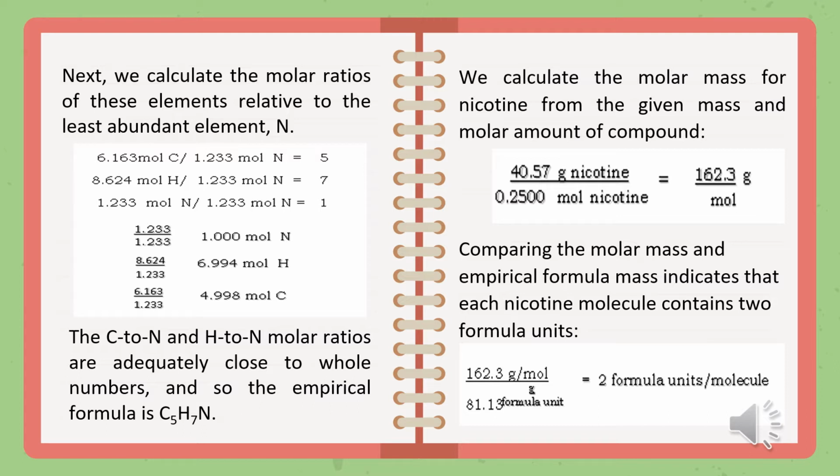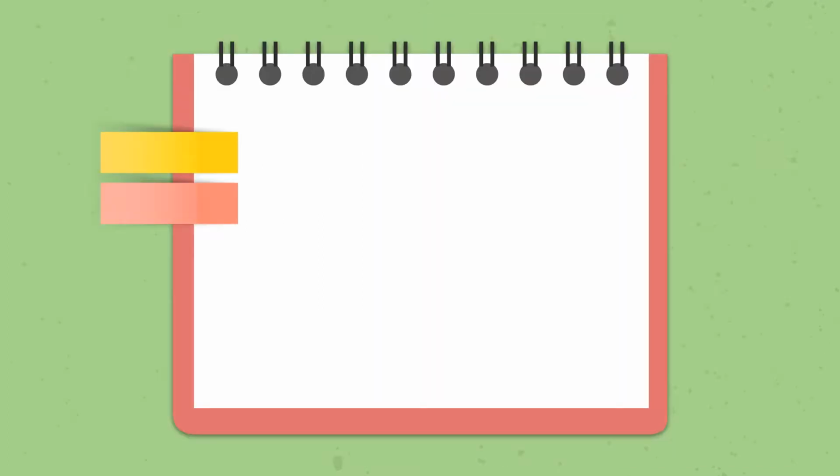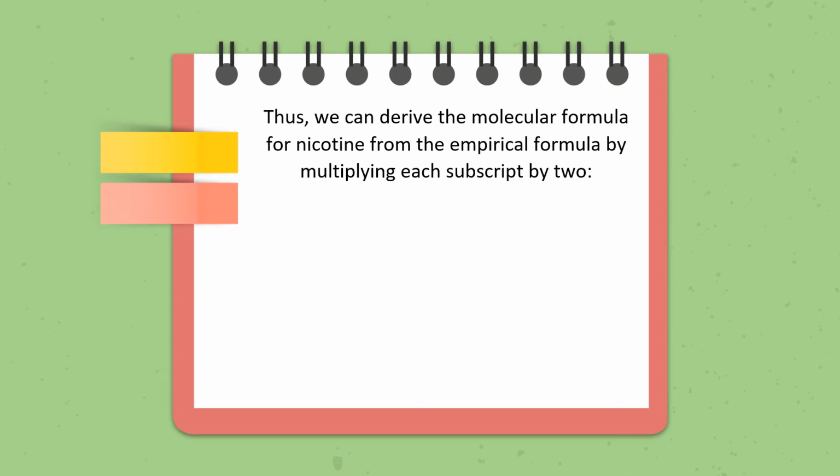Comparing the molar mass and empirical formula mass indicates that each nicotine molecule contains 2 formula units. You can now derive the molecular formula for nicotine from the empirical formula by multiplying each subscript by 2.